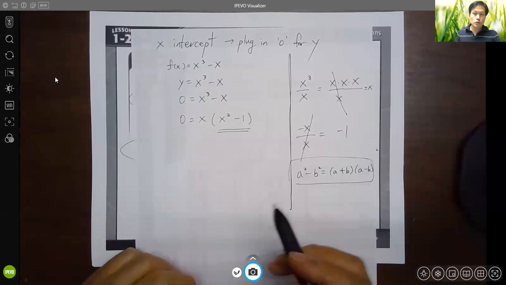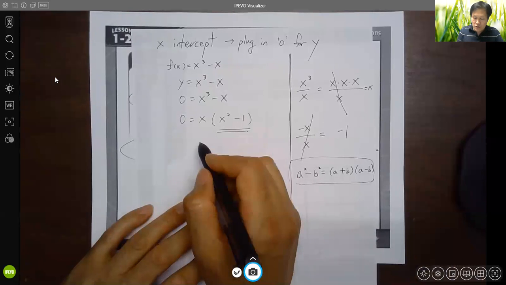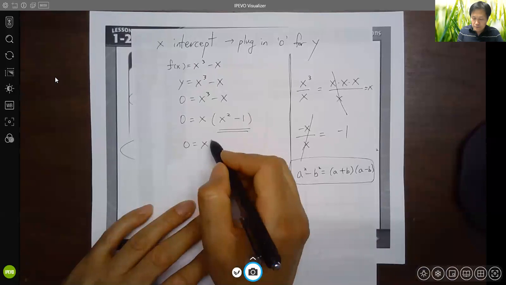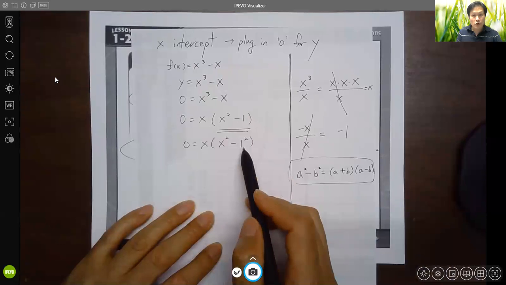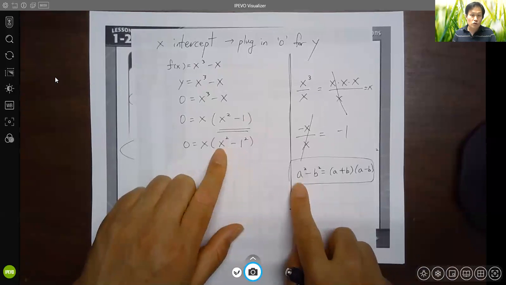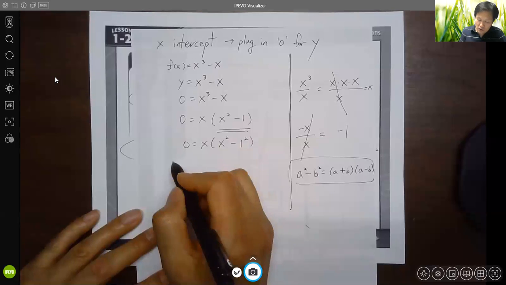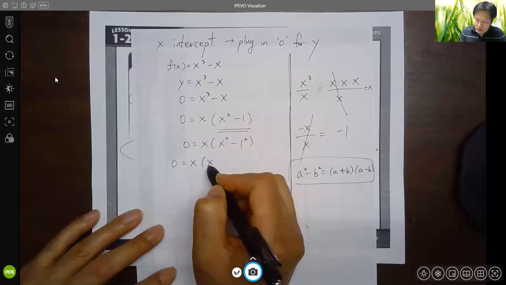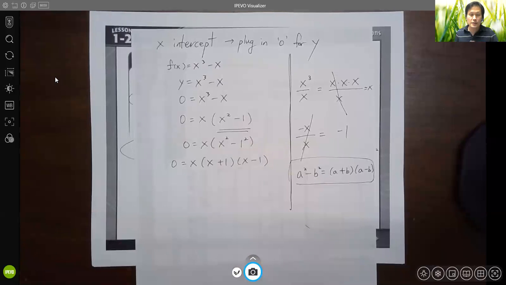That's the formula you will use very frequently. 1 is the same as 1 squared, so that is exactly the same structure. X becomes a, 1 becomes b. You're just factoring using this formula, so it becomes x plus 1 times x minus 1, with parentheses.